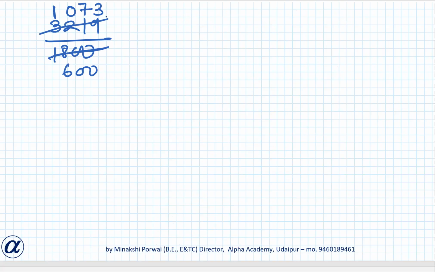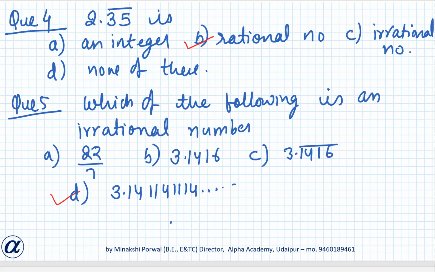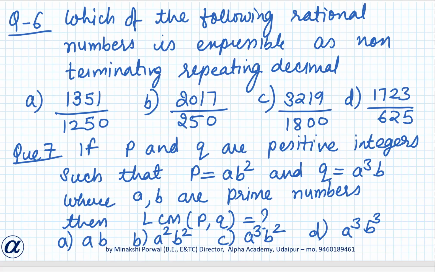Okay, now 1073 is not divisible by 3, so the prime factorization of 600 will have 2, 3 and 5. So because of this 3, we can say that this will be a non-terminating decimal expansion. Okay, 625 and 1723, 625 will have only factors of 5, so this will be a terminating decimal expansion. So answer C is correct.